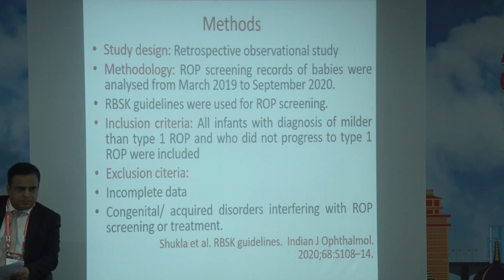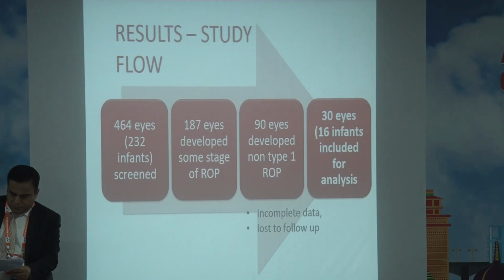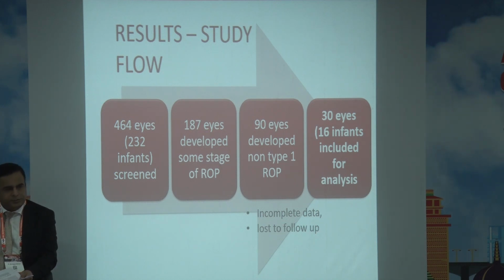Exclusion criteria were incomplete data and congenital or acquired disorders interfering with ROP screening or treatment. The results are as follows. 464 eyes were screened, out of which 187 eyes developed some stage of ROP and were included. 90 eyes developed non-type 1 ROP, and 30 eyes of 16 infants were included for analysis.